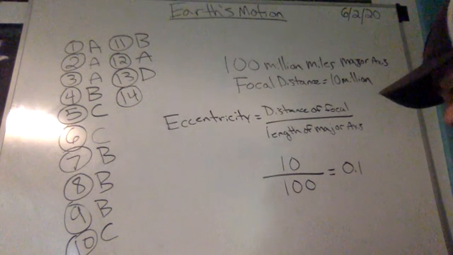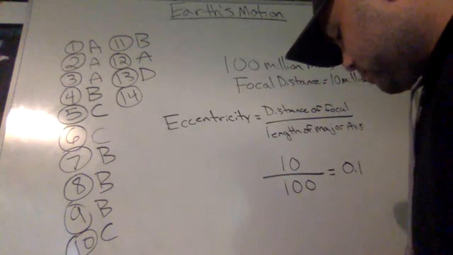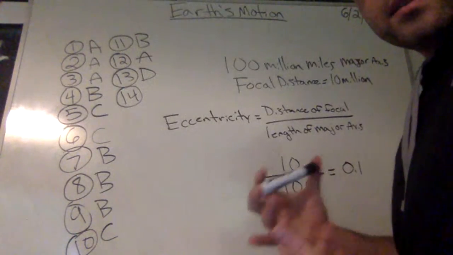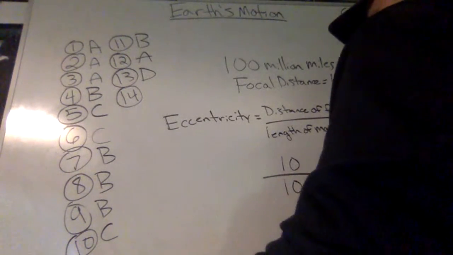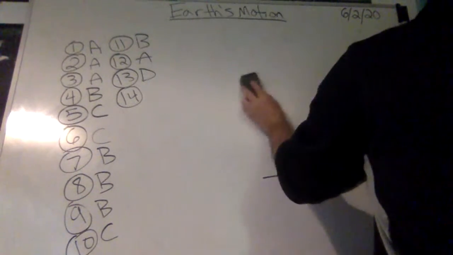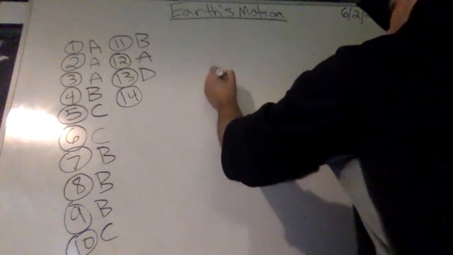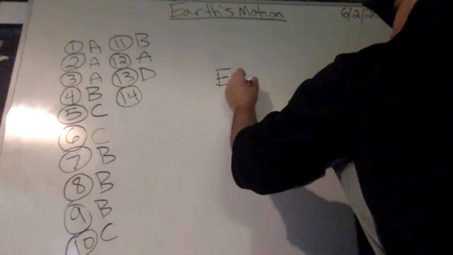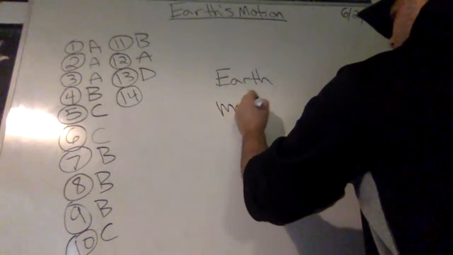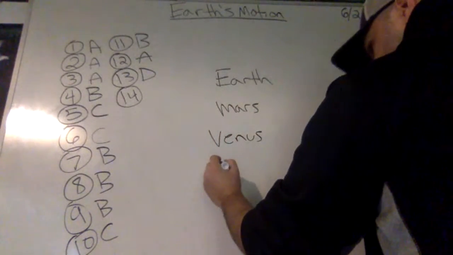This one, according to the Earth Science Reference Table, which planet has the most eccentric orbit? So that's going to be the highest number, because remember, eccentric is a perfect number of 1. So for this, I'm going to put all the choices on the board. You have Earth, you have Mars, you have Venus, and then you have Saturn.